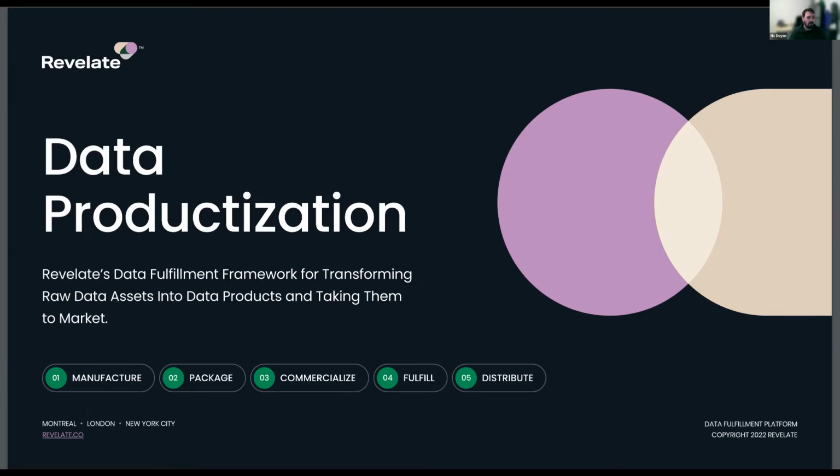And this is really a framework that's focused on the data providers themselves, giving them points of consideration and areas of care that they need to focus on as they start to approach productizing their data differently.